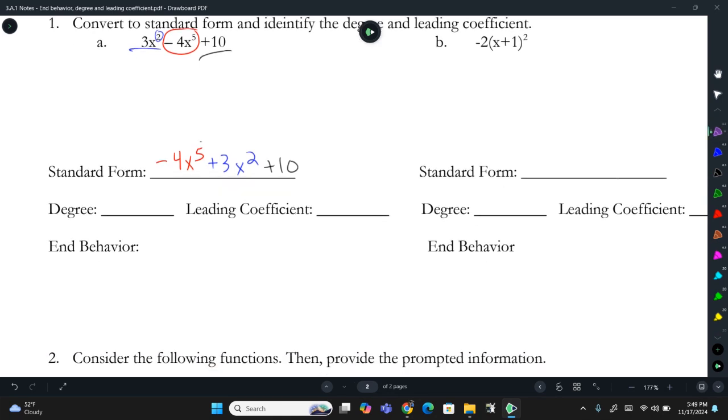Our degree is the biggest exponent, 5. And our leading coefficient is the number in front of that variable, which is negative 4. So our leading coefficient is negative, and our degree is 5, which is odd. 5 is an odd number. Remember, even numbers are numbers that you can divide by 2 with no remainder. So this is an odd degree.